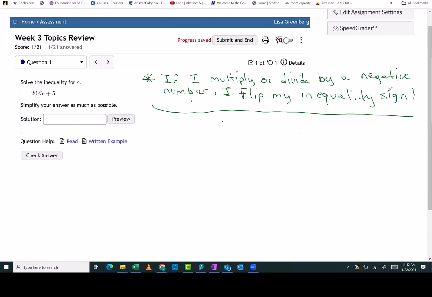Let's begin. I start with 20 is less than or equal to c plus 5. If I had an equal sign there, what would I do? I would subtract 5 from both sides and isolate my c. I'm going to do the exact same thing. I'm going to subtract 5. This becomes 15, this becomes c, and this is 0.